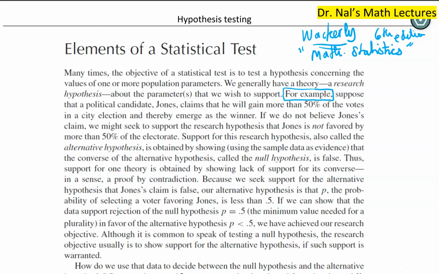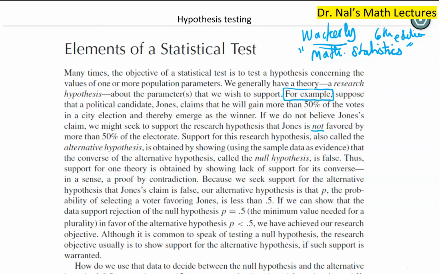If we do not believe Jones's claim, we might seek to support the research hypothesis that Jones is not favored by more than 50% of the electorate. So Jones says that he will gain more than 50% of the votes, and we think he will not. We think that he will get less than 50% of the electorate vote.